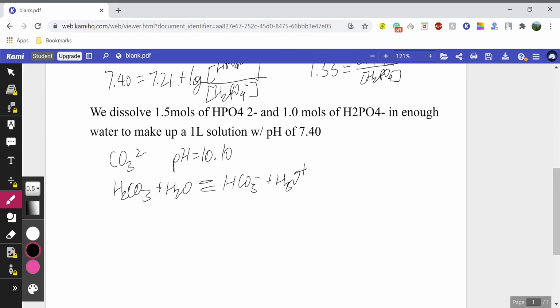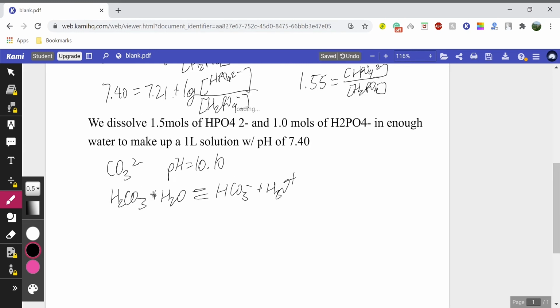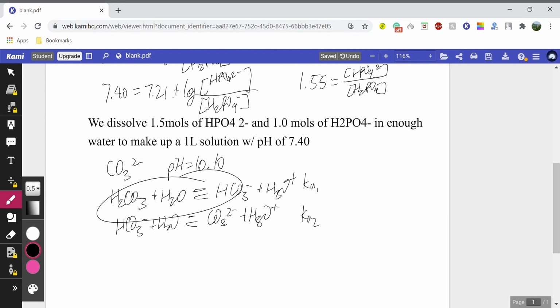And we can have HCO3 minus plus H2O to form CO3 2 minus plus H3O plus. Now we're going to use Ka1 and Ka2. If this is basic, then you'll be using the opposite, Kb, and still going to find which one is closest to the pOH.